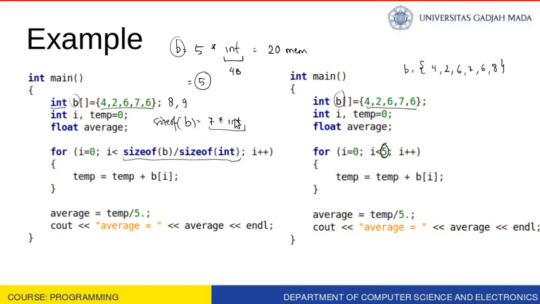And this calculation is automatically done by the compiler. So we do not need to change this part when we add or delete numbers inside this array. Okay, you can use sizeof.